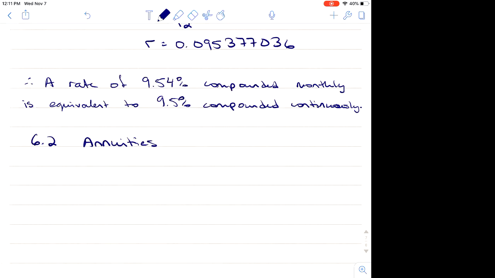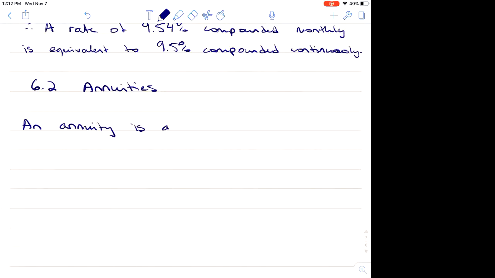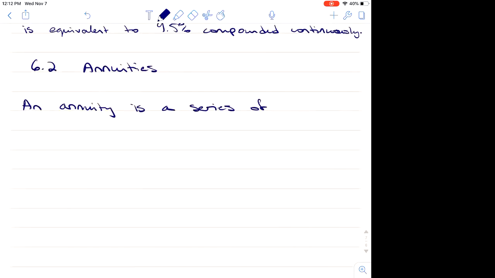And so that would be considered an annuity. So an annuity is a series of equal payments at regular intervals.